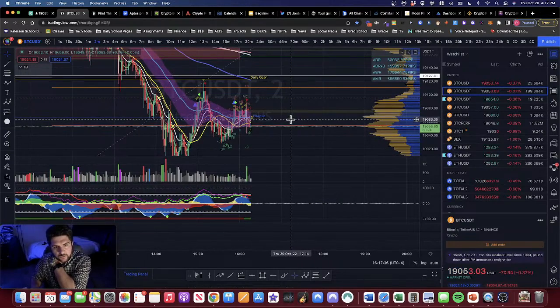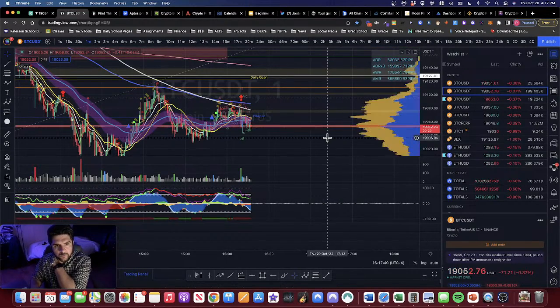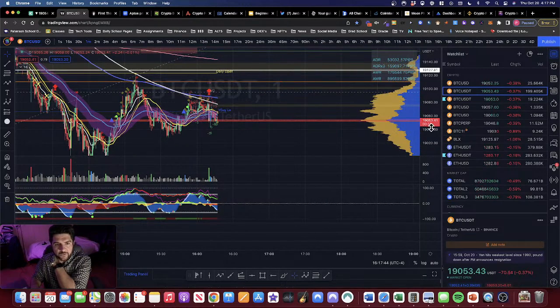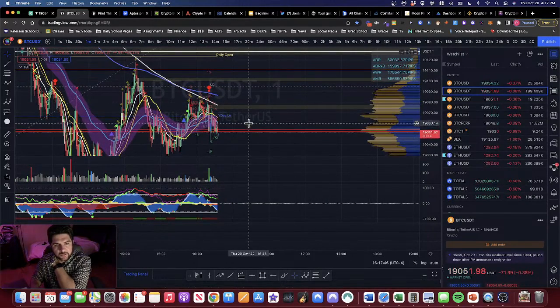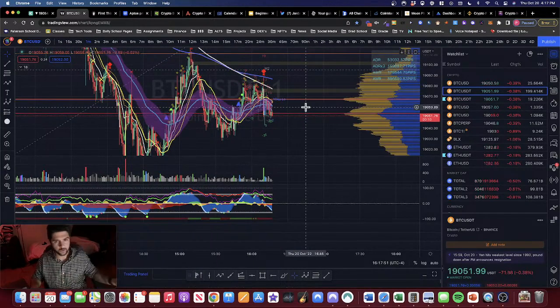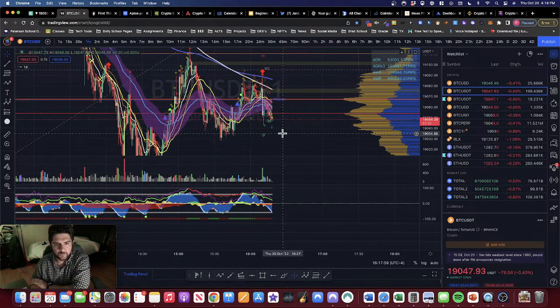Let's see. Not much time left in the trading day. If he's going to stop hunt, he's going to do it now. Or we want to see this break and a continuation down.